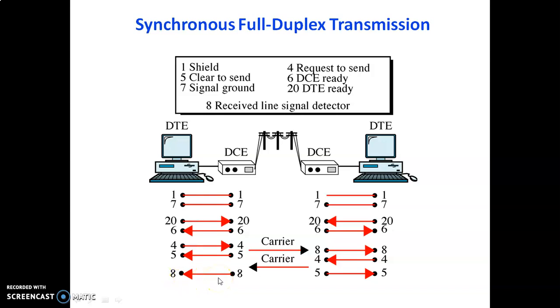After transmitting the carrier signal, the sending DCE activates pin 5, sending its DTE a clear to send message. The remote computer and modem perform the same steps.